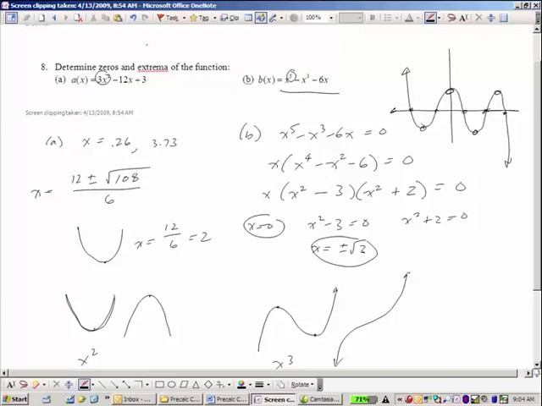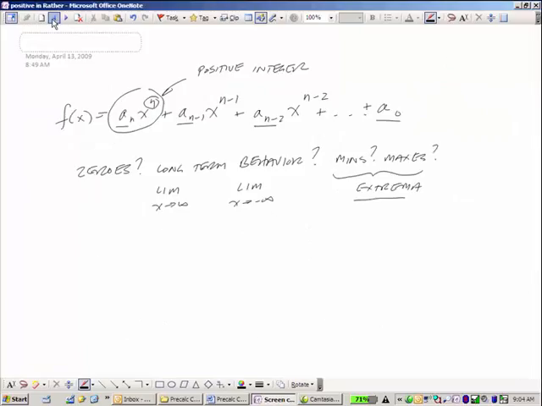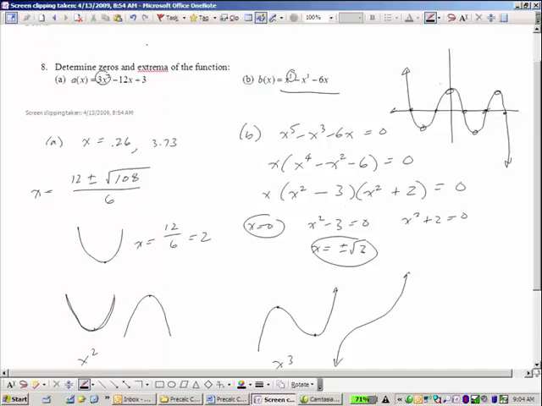Evan? How are those mins or maxes if it goes on infinitely up and down? You're absolutely right. And I will go back and change that to local extrema. And that's a great thing to talk about. This is a minimum in its neighborhood. So if you just look in the neighborhood, it's a minimum.